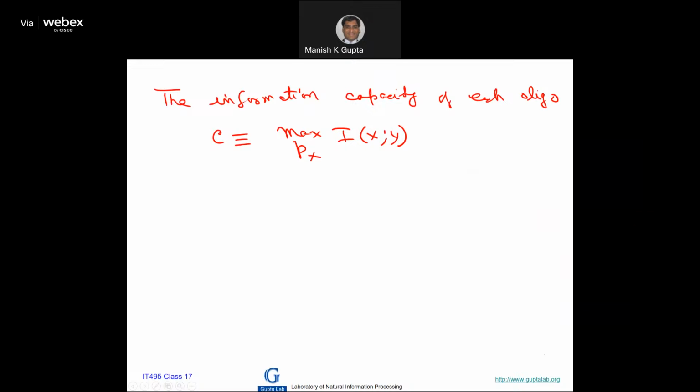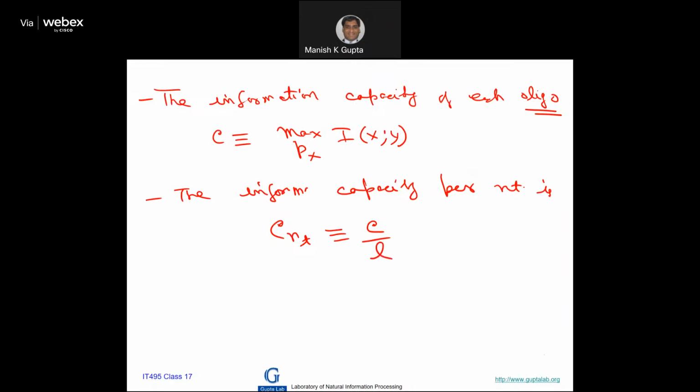This is the standard formula, right? So this is for each oligo of length L. Similarly, the information capacity per nucleotide is C_NT, which is C divided by L, because the total size is L, right? Okay.